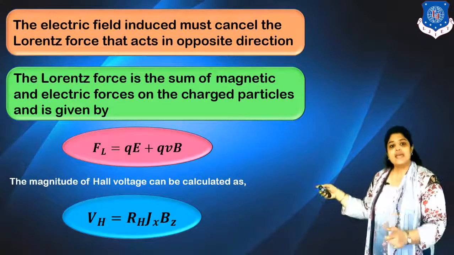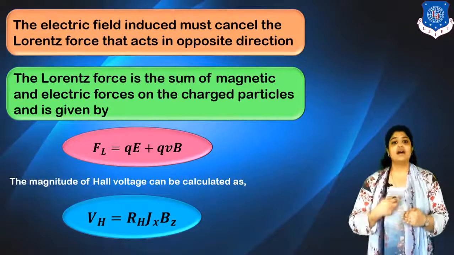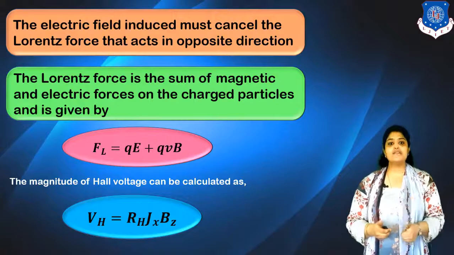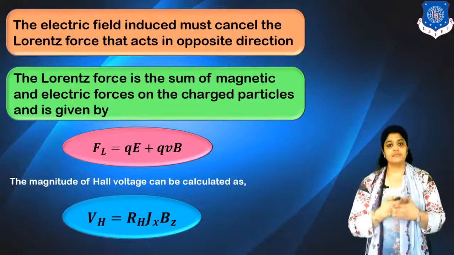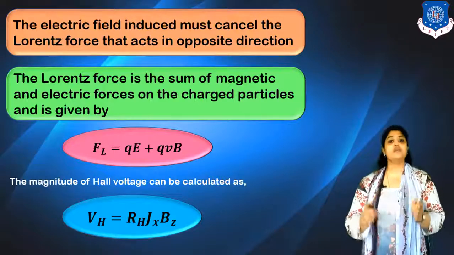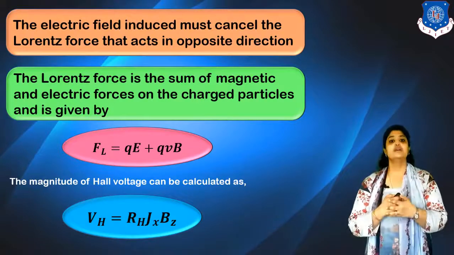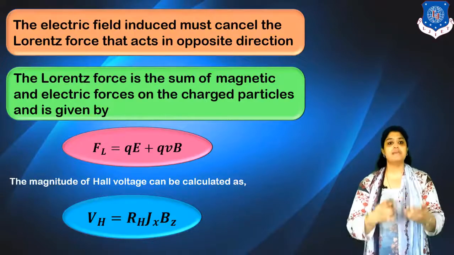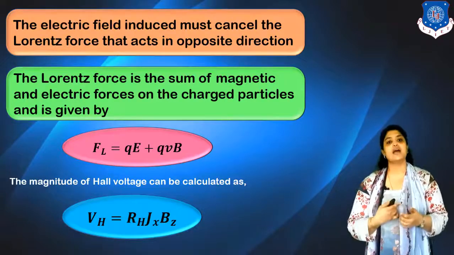I have written JX because the current is along the x-axis and BZ because magnetic field is perpendicular. So this is how I can say that Hall effect is also explained on the basis of Drude model because that explains the motion of electrons on the application of magnetic field and current both.